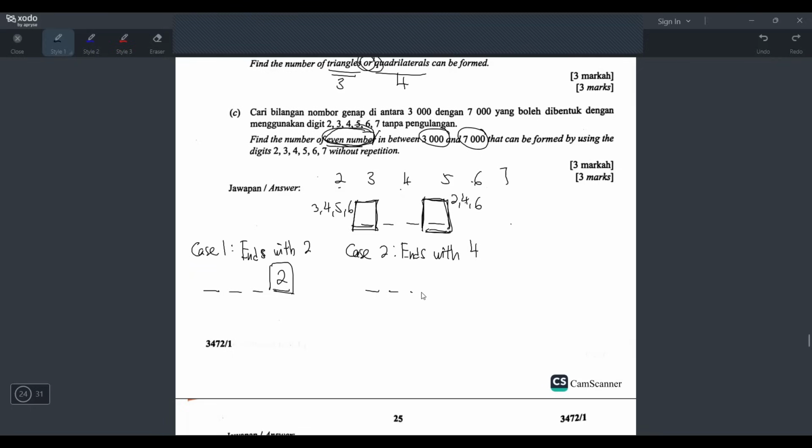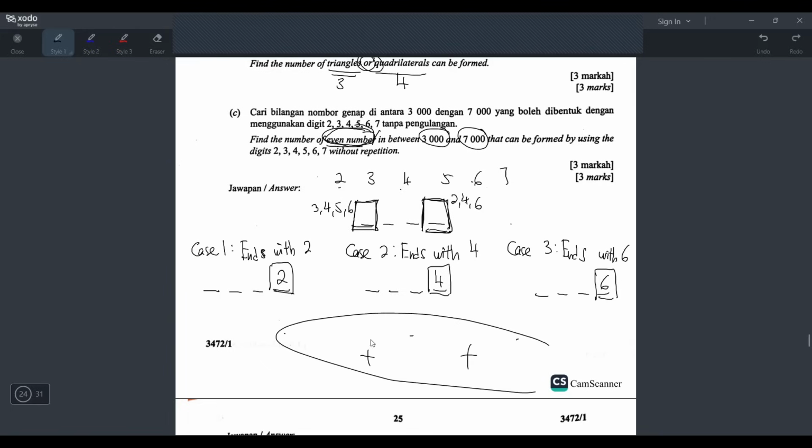It means later for case 2, the last digit will be 4. And then case 3, I will do ends with digit 6. It means the last digit, I will make sure is 6. And then I will take these 3 cases, add the answers together, and I'll get my final answer. All right, so that's the plan now.